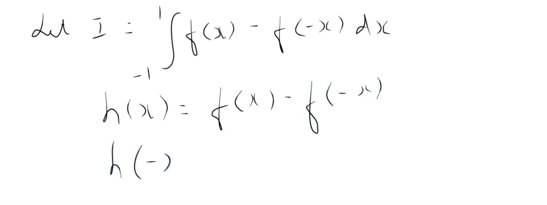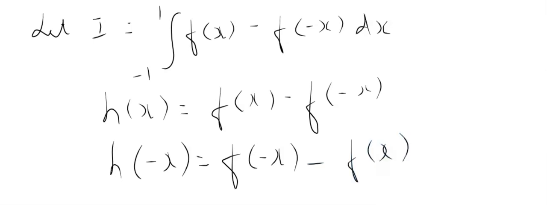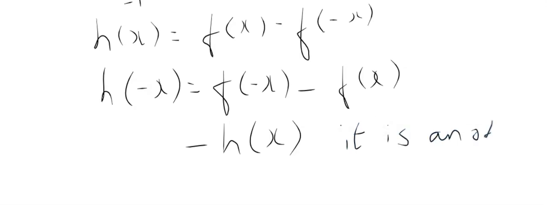So, h of minus x will be equal to f of minus x minus f of x, which is nothing but minus of h of x. So, from this it is clear that h of minus x is equal to minus of h of x, which means it is an odd function.